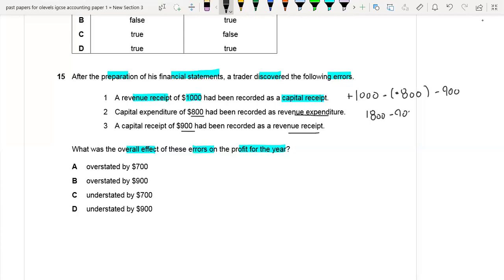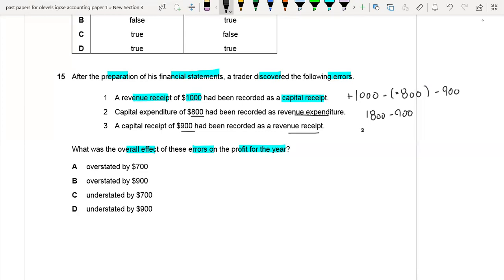minus 900. So it means that overall we overstate. Yes, we overstate. So basically, we overstate our profit. Sorry, we basically don't overstate. We understate.